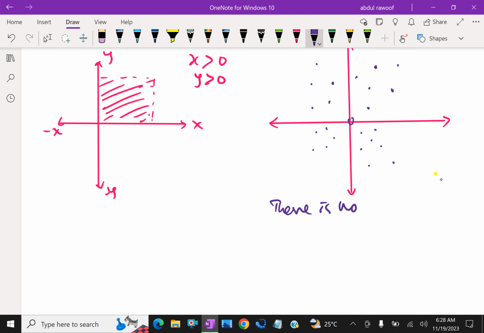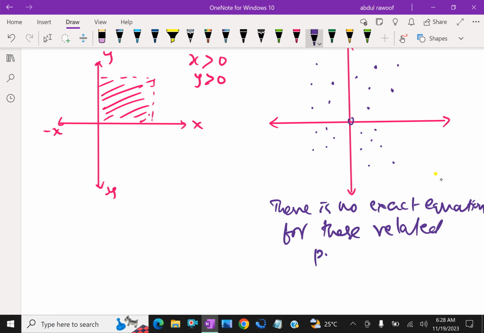There is no exact equation for these related points. It means they have some relation, but we don't know exactly what it is.